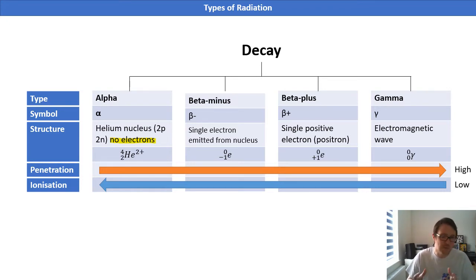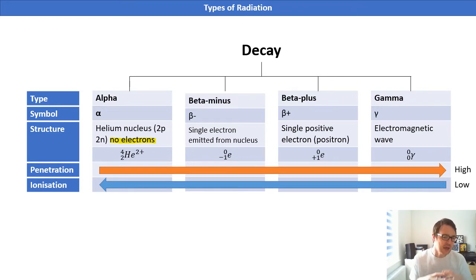Now, because the alpha particle is the biggest particle, it actually has the least penetration ability, but because it has the most positive charge out of all of our different radiations, it has in fact got the greatest ionization potential, where ionization means that it wants to steal electrons.